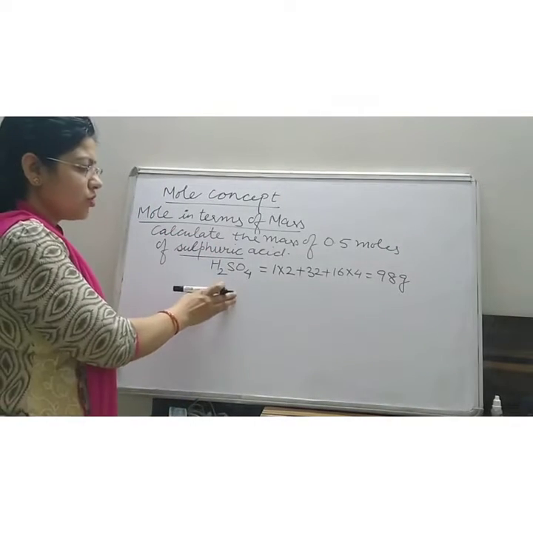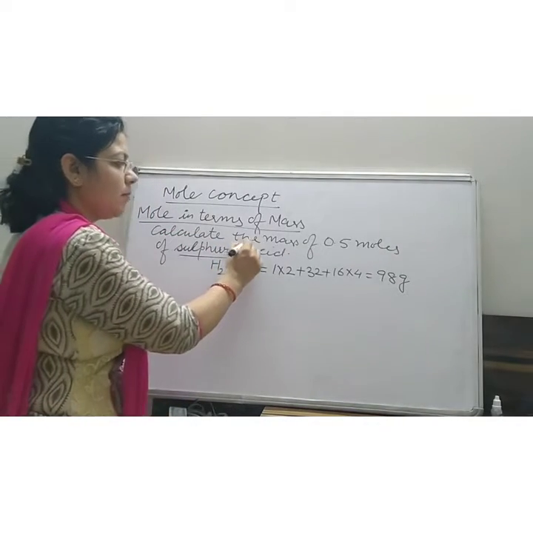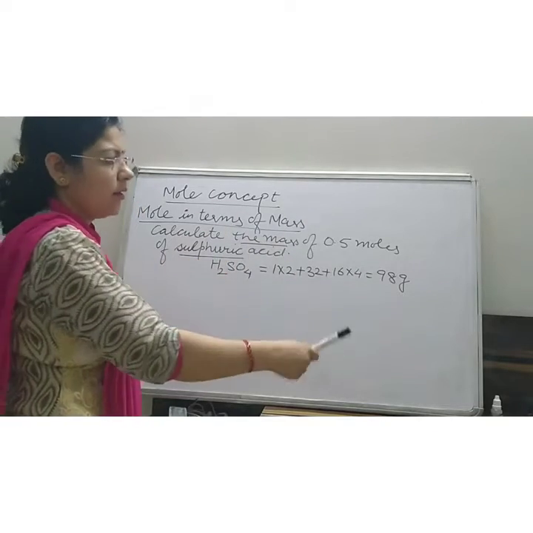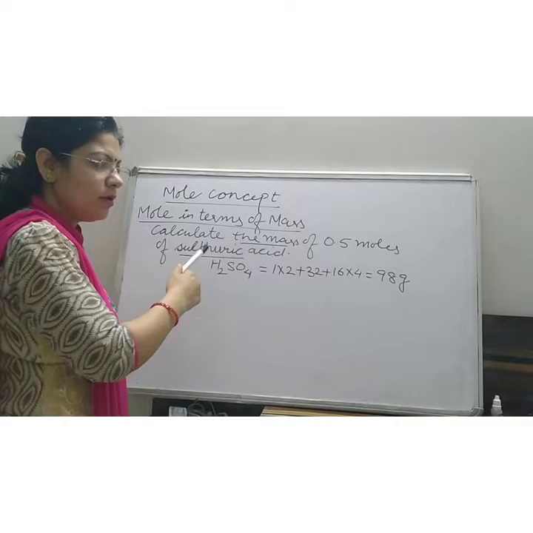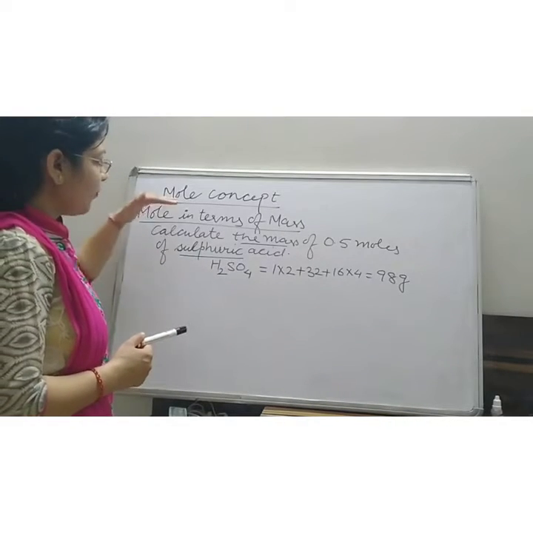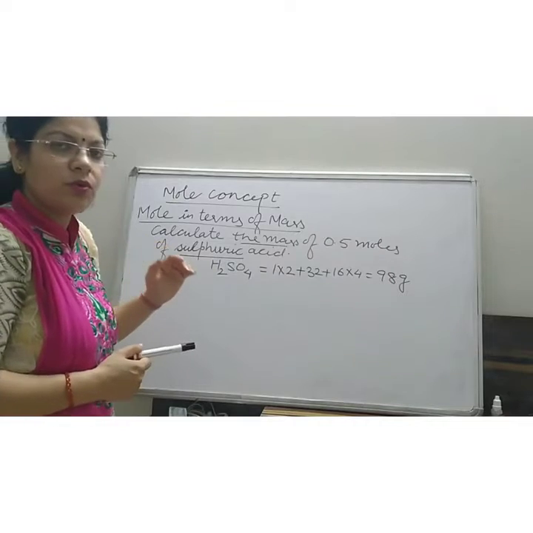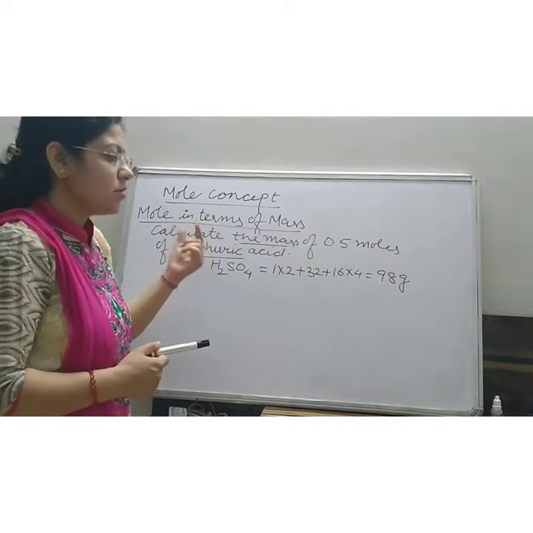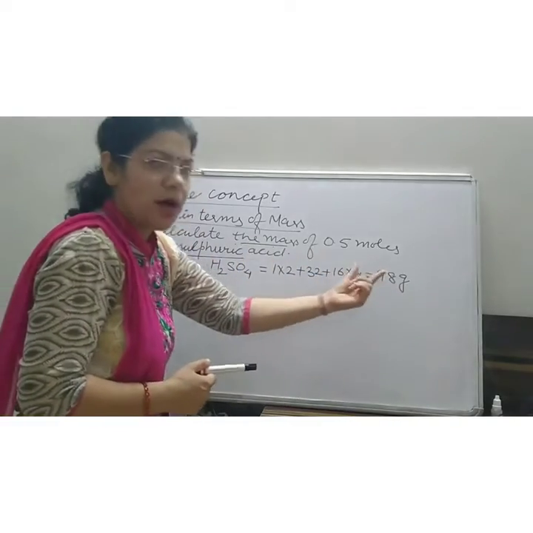Now, in this question, we have to calculate the mass. So, we put mass on the right side and number of moles on the left side. According to the definition of mole, we know that 1 mole of the substance is equal to its molecular mass.